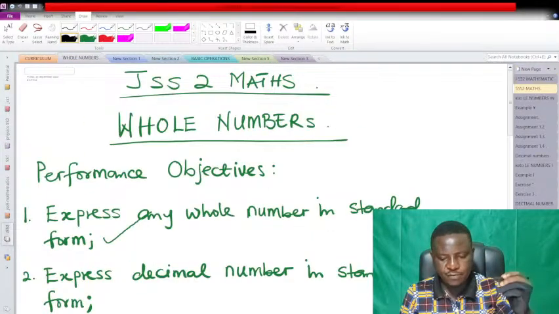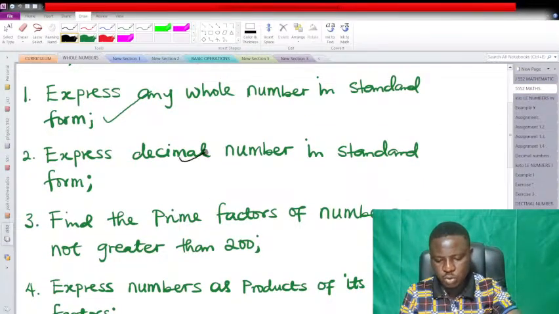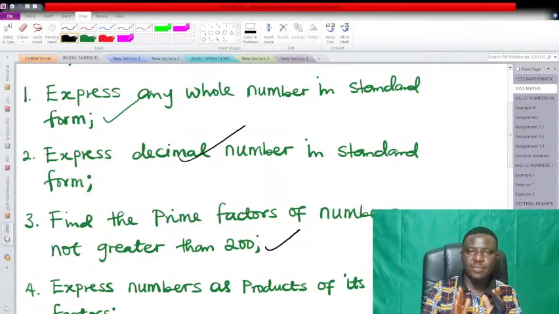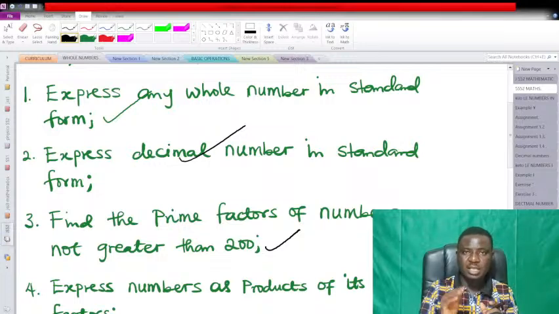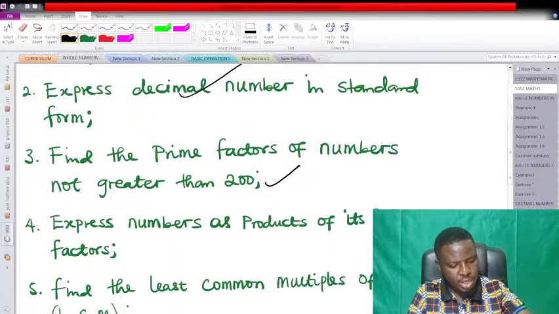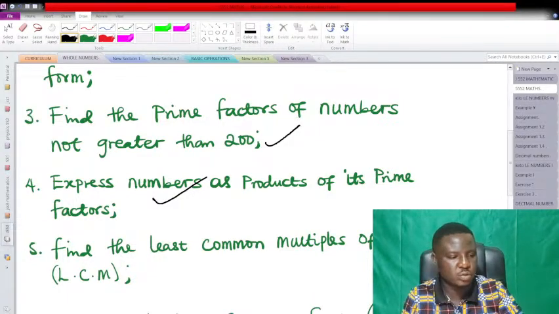Remember, I gave you the objective that we should be able to find the prime factors of numbers not greater than 200. So we shall look for all the prime factors that fall between 1 and 200, and we should be able to express numbers as a product of their prime factors.